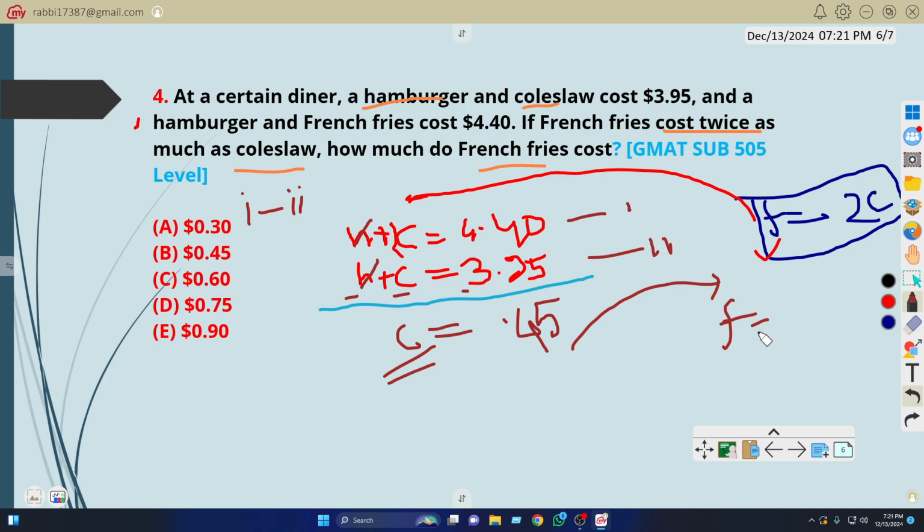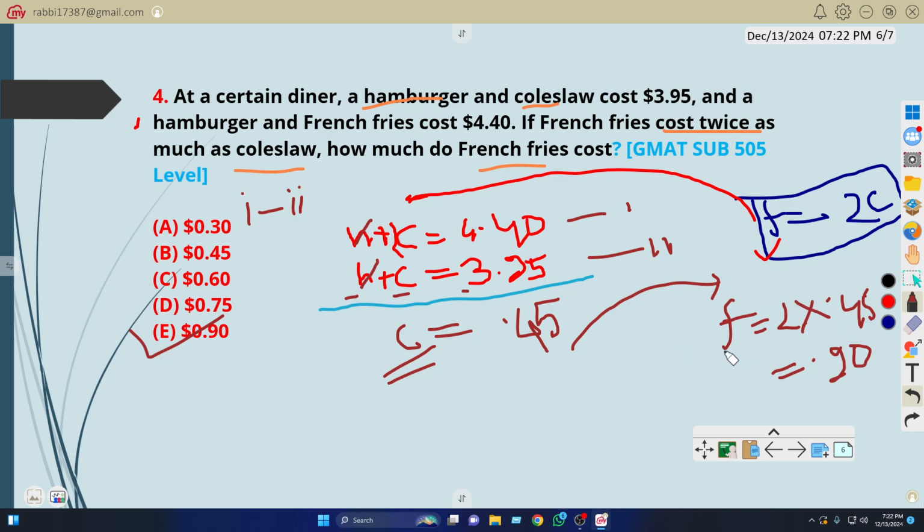F is equal to 2 into 0.45, so the answer is 0.90 cents. So the french fry price or cost is 0.90 cents.